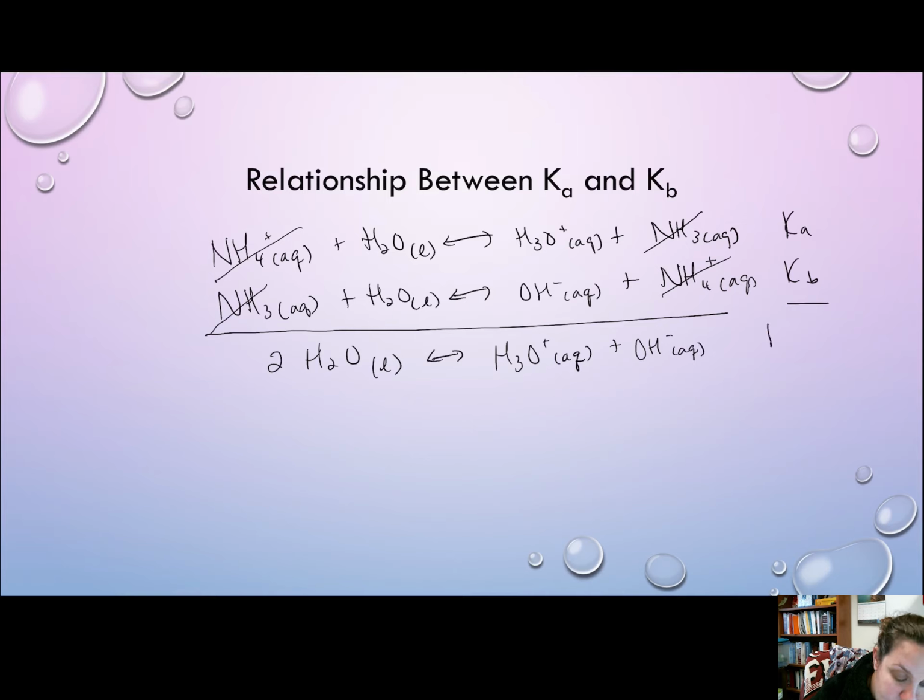So our Ka times our Kb is equal to Kw. Okay? And we could look at this a different way.